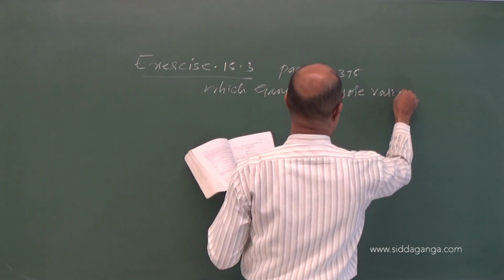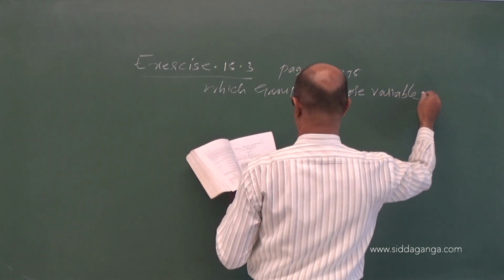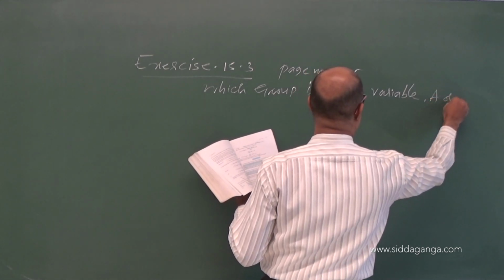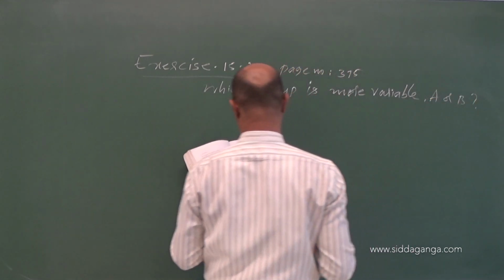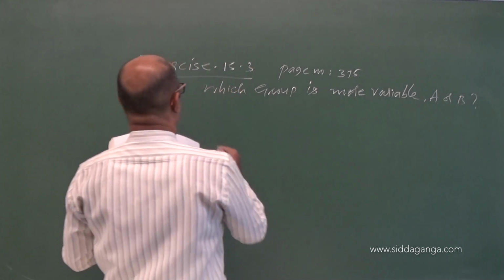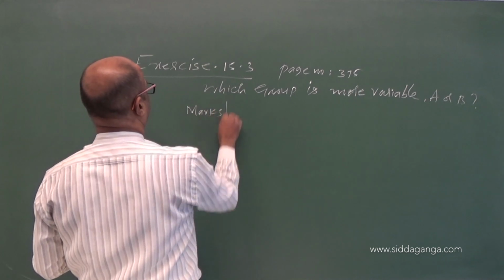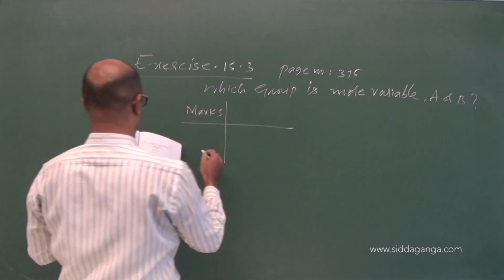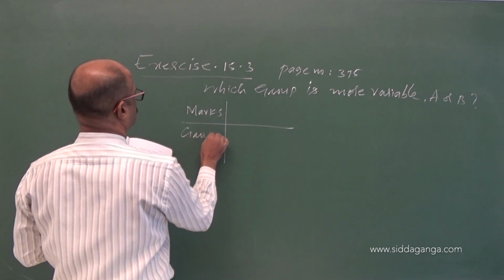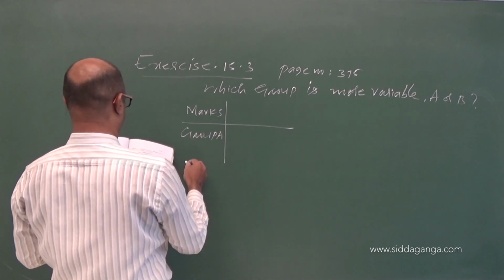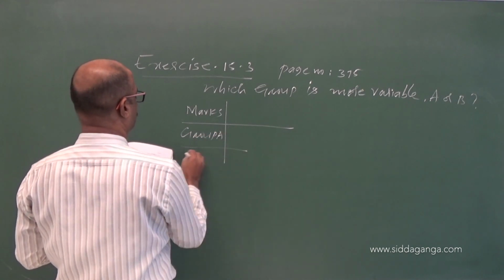Which group is more variable? Capital A or capital B? One they have given as marks. One is marks, and next is group A, and other is group B.